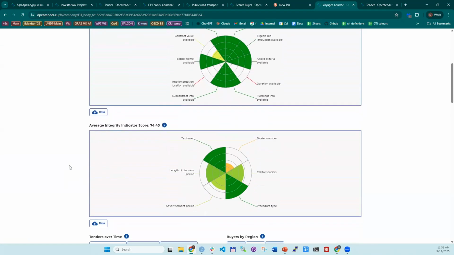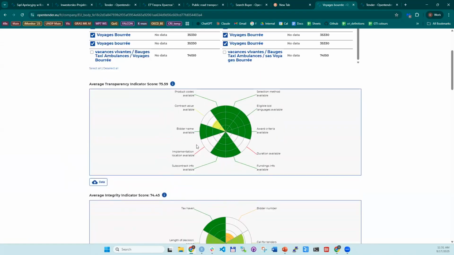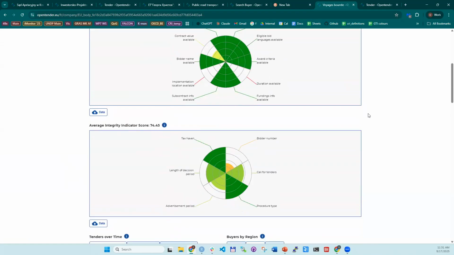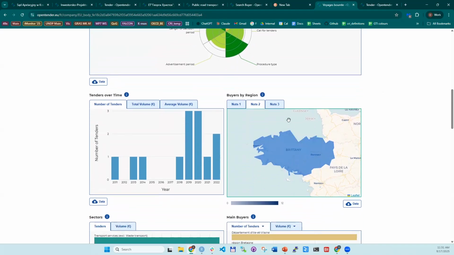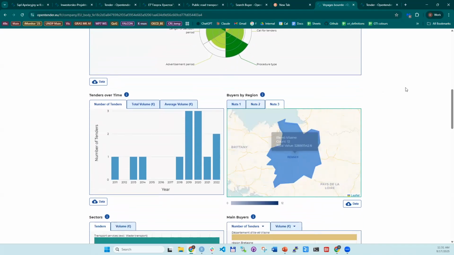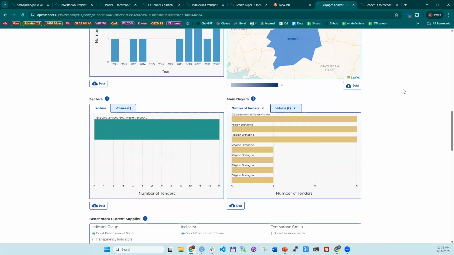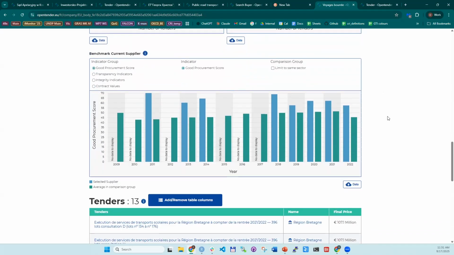And then I can check whether the integrity indicators, transparency indicators, or anything on this page paints me a story which might flag this company as worthy of more investigation. For example, you can see that the buyers are all from Bretagne and from Rennes, especially. And you can see that this is only a transport services sector.